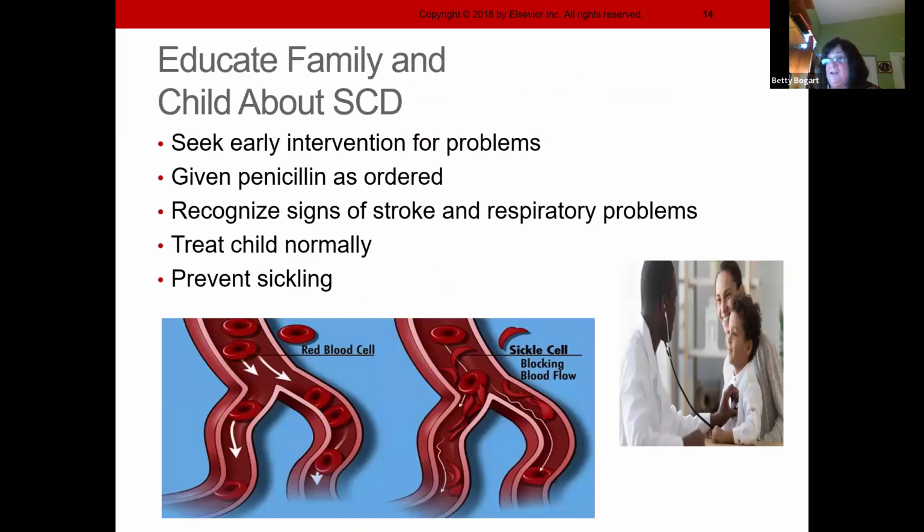So early intervention, give that prophylactic penicillin as ordered. Remember that stroke can be a problem. Chest syndrome could act like a pulmonary embolus, right? So all of these things are serious. Now, although these children are very brittle in many ways, kids need to be kids.